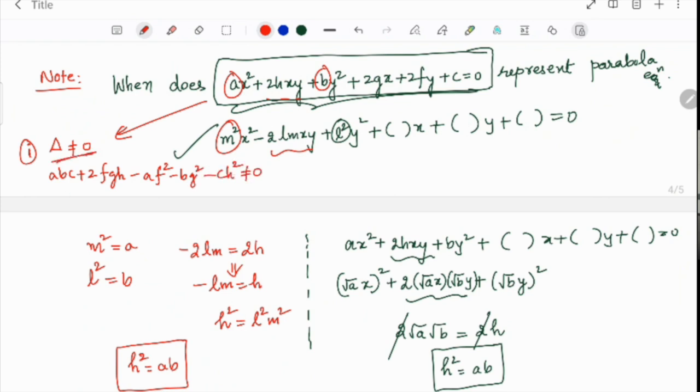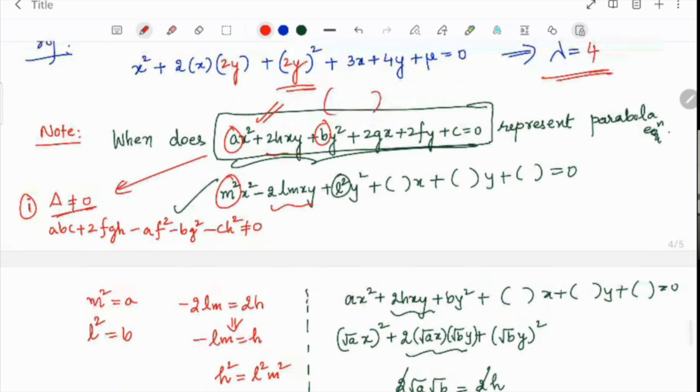Because if delta is 0, then we will be able to break it down into two lines. That means we have a pair of lines. So the first condition is delta not equal to 0. Second condition, h² should be equal to ab.